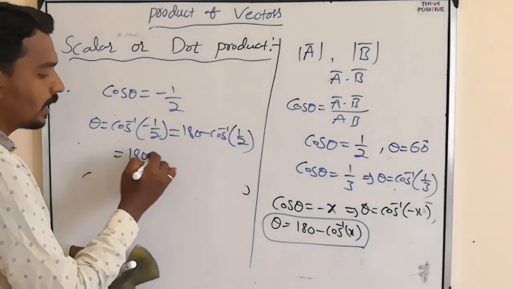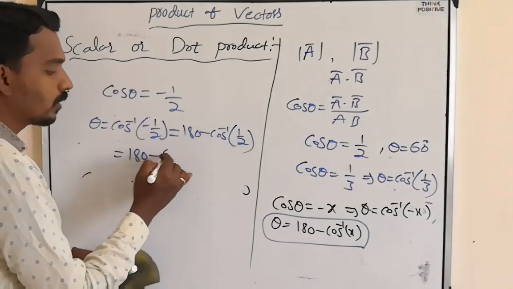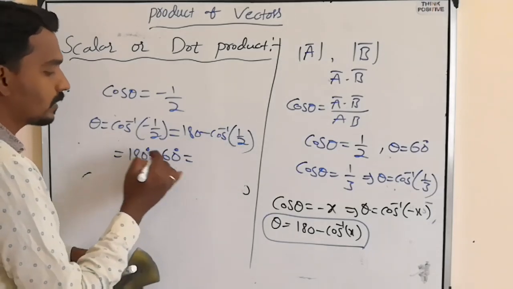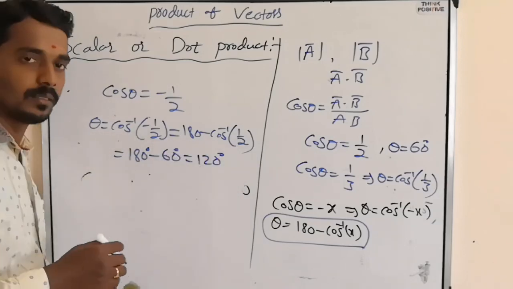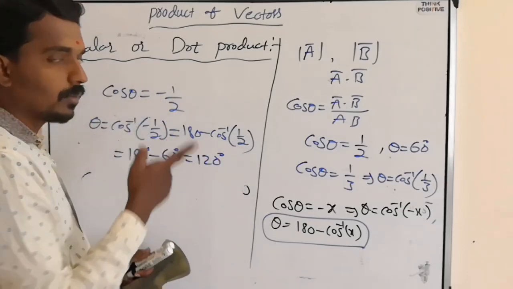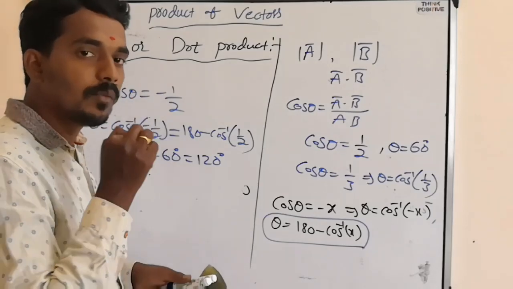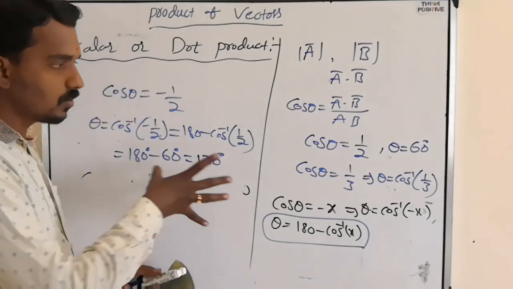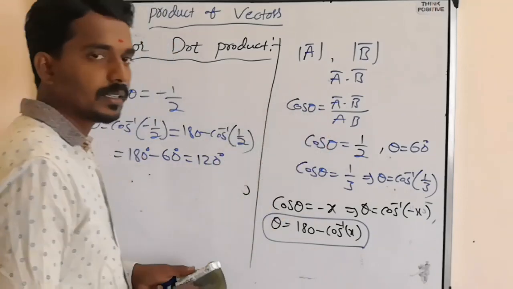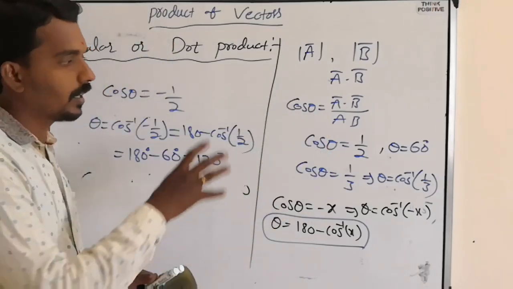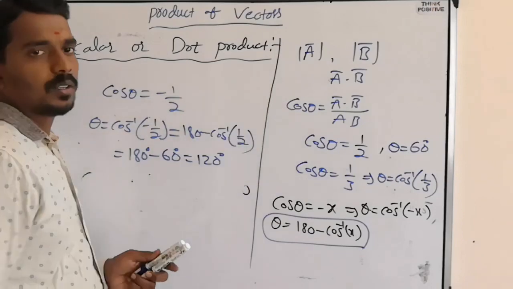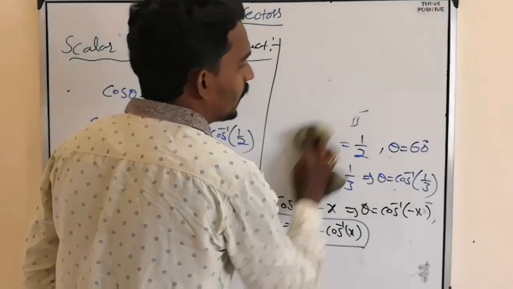Cos inverse 1 by 2 is 60, then 180 minus 60 is 120. So cos theta 1 by 2 means 60, and cos theta minus 1 by 2 means 120 degrees. So this way you need to understand the dot product and also the method to find the angle between any two vectors.